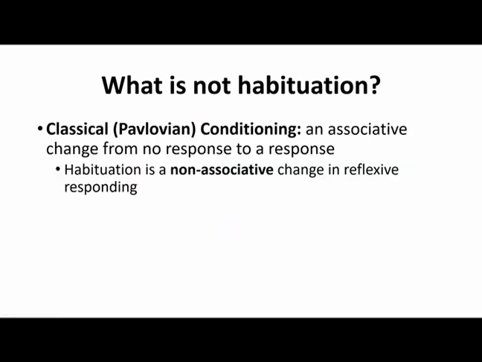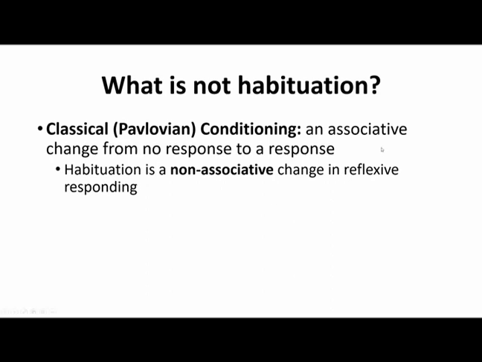Classical or Pavlovian conditioning is another thing that isn't habituation, but might on the surface look a little bit like habituation in certain cases. We're going to spend a lot more time on classical conditioning next chapter, I believe, but we'll talk about it very briefly here. Classical conditioning is an associative change from no response to some kind of response.